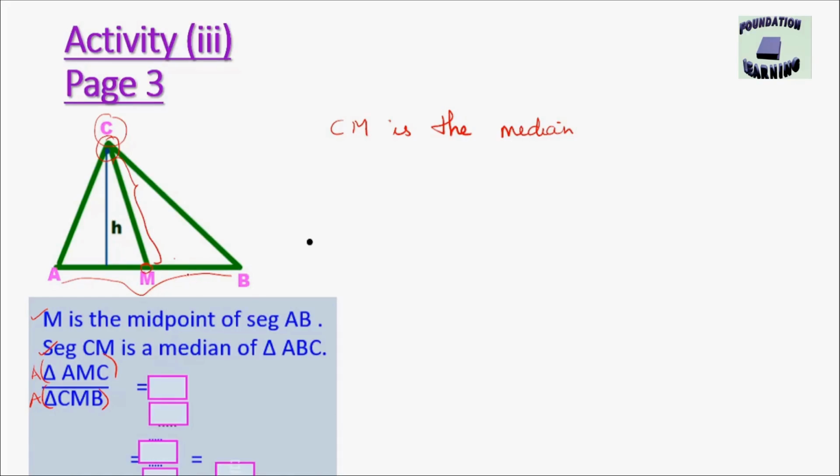So you have to remember this. Whenever there's a common vertex with a base whose points are collinear, then we can say that the height is the same. So in both the triangles, the height is the same. So we'll take the figure separately. Here you have triangle AMC, with C, A and M. We'll take the height here as H. Then we have the second triangle, that is CMB.